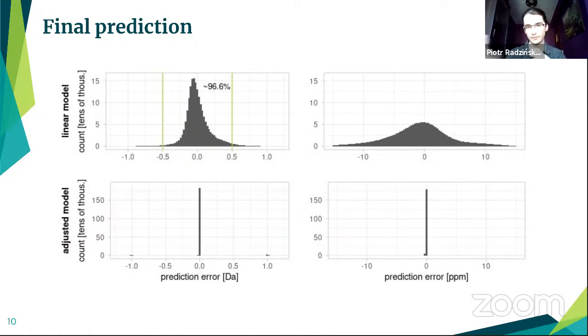And it's a repeated plot from a few slides ago, and then the adjusted model after the rounding, and we can see that it helps a lot, we almost always are in the exact place. And this is very important because this is the main problem with such algorithms, that usually the error is really close to 0 or really close to 1, 2, maybe -1 Dalton, etc.